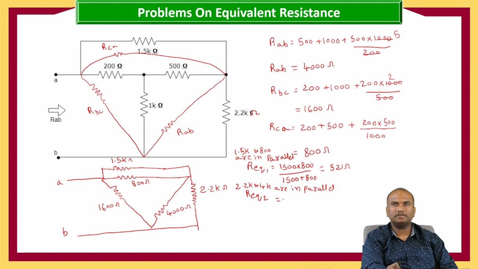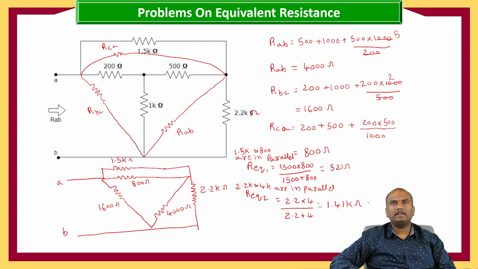So R equivalent 2 is equals to 2.2 into 4 by 2.2 plus 4, which is equal to 1.41 kilo ohms. Now let us replace the circuit with these R equivalent values.